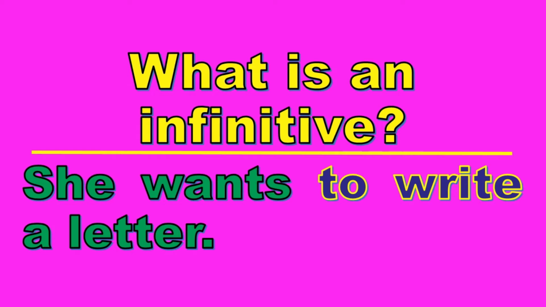Now students, it is very clear to us that the sentence given here is in simple present tense. Now if we transform the sentence into past tense, what will it become? It will become she wanted to write a letter. Here we have noticed that the first verb has been changed. It has become wanted. But the second verb, which is write, remains unaltered, whatever may be the tense.